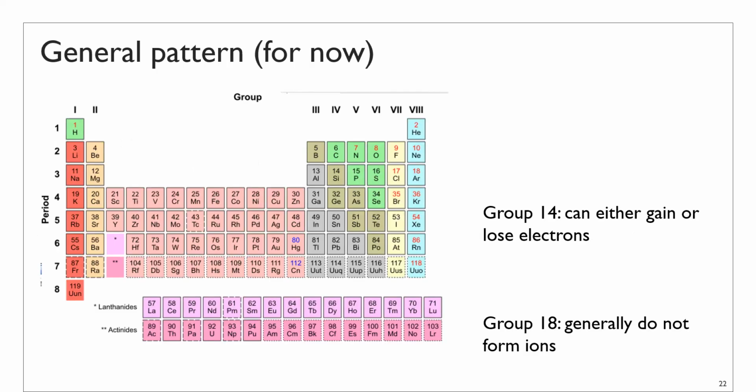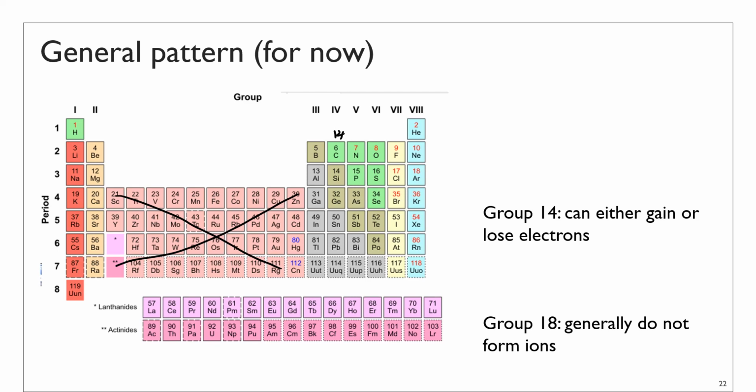All right, so how do we use the octet rule for the main group elements? We're going to ignore the transition part, okay? You cannot use the octet rule there. But with the main group, you basically just need to apply the rule based on the number of valence electrons. Group 14 has 4 valence electrons.